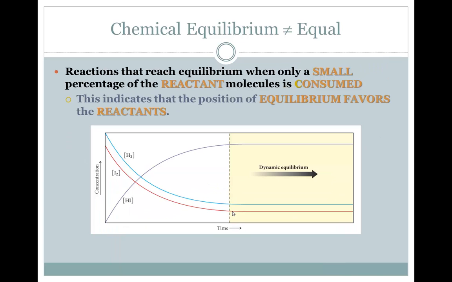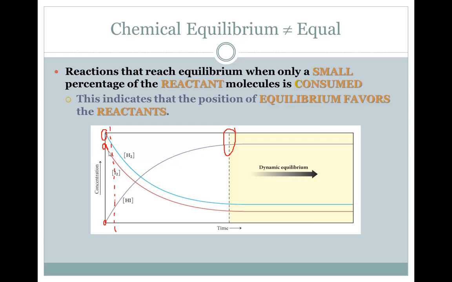Reactions that reach equilibrium when only a small percentage of the reactant molecules is consumed indicate the position of equilibrium favors the reactants. Okay, so right now our dynamic equilibrium point is right here. But what if it were over here? Once again, we start over here where we have lots of reactants and no products.